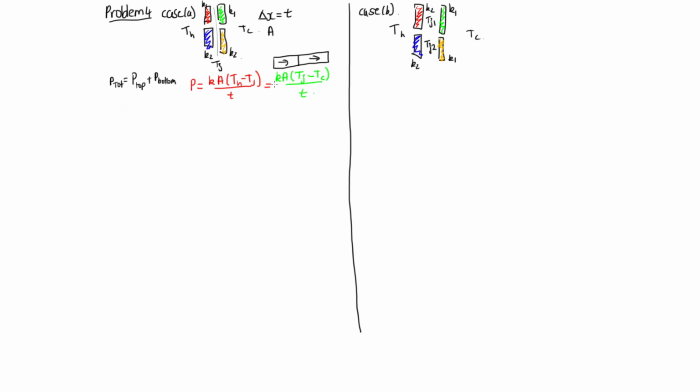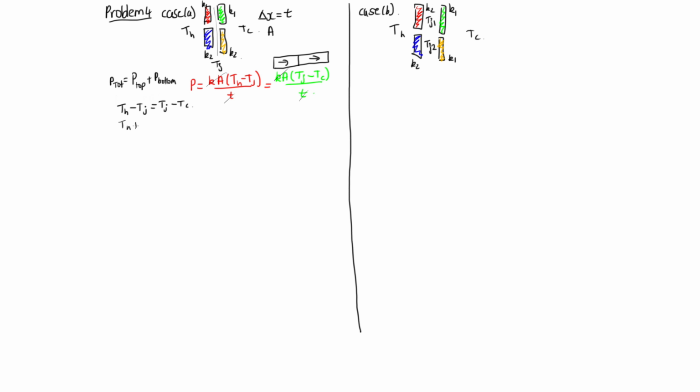Okay, so now what I can do is solve this to work out the junction temperature to start with. And so solving this for the junction temperature, these cancel. And so we have Th minus Tj is equal to Tj minus Tc.